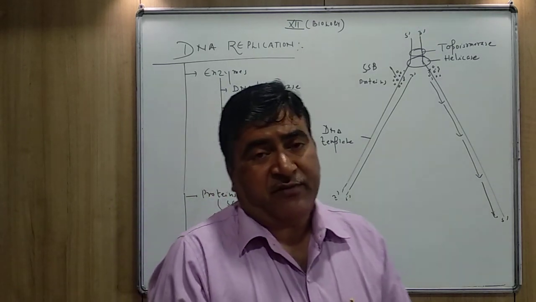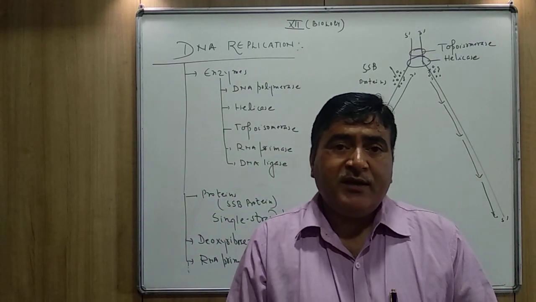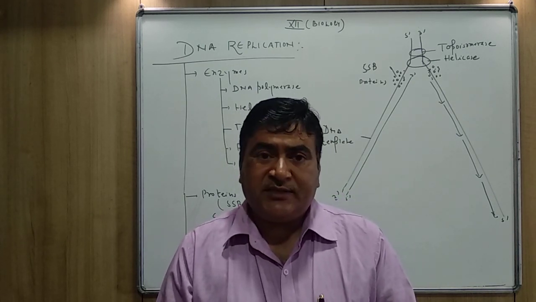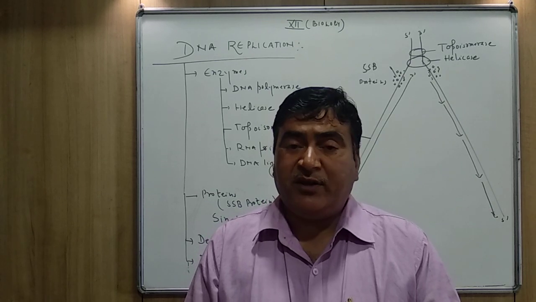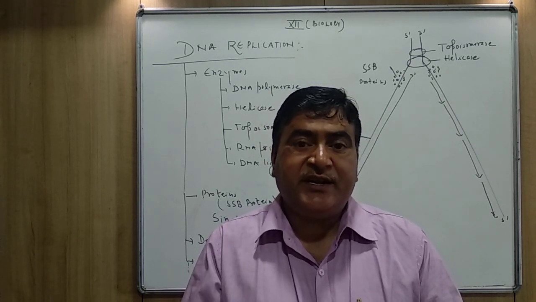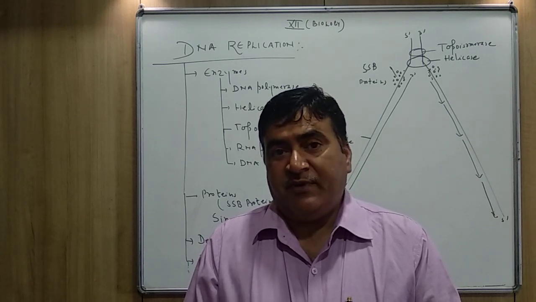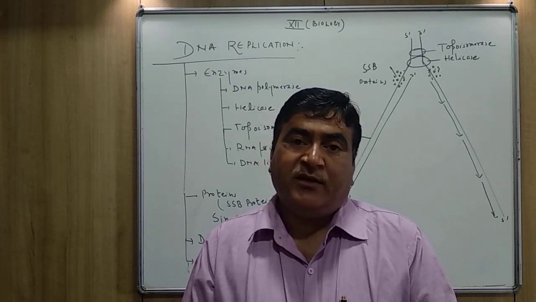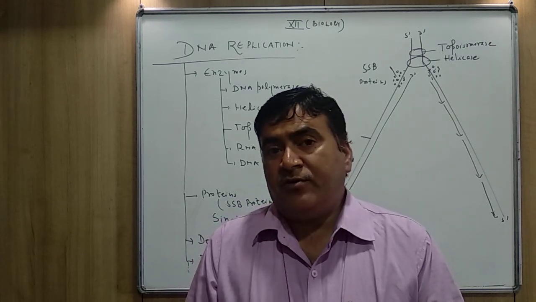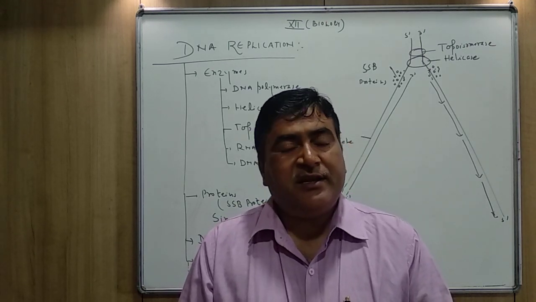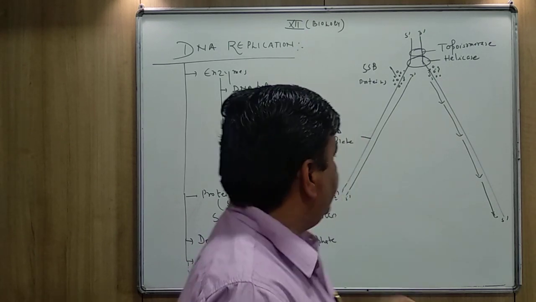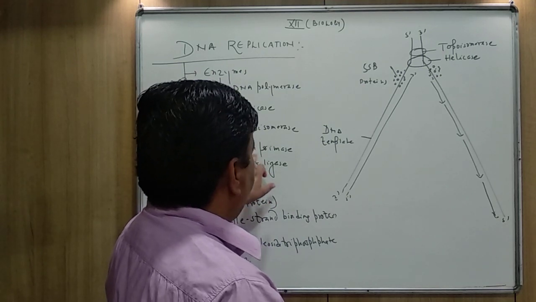DNA polymerase has one drawback. The DNA polymerase enzyme does not initiate the polymerization. It can't start the process of replication de novo. It needs a primer, and without the primer, DNA replication is not started. And this primer is called RNA primer.